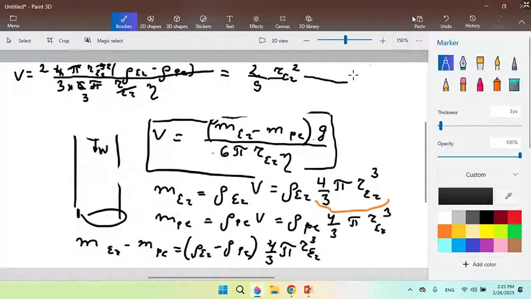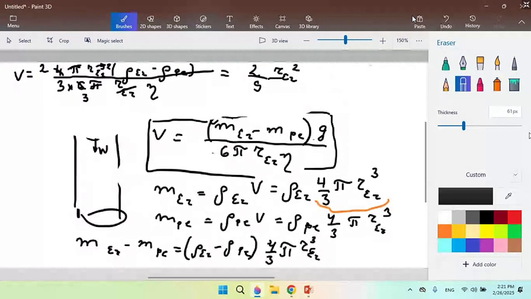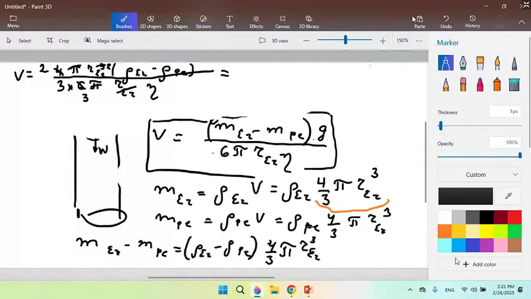Sorry, difficult to write here. So just 2 divided by 9, erythrocyte radius power 2.